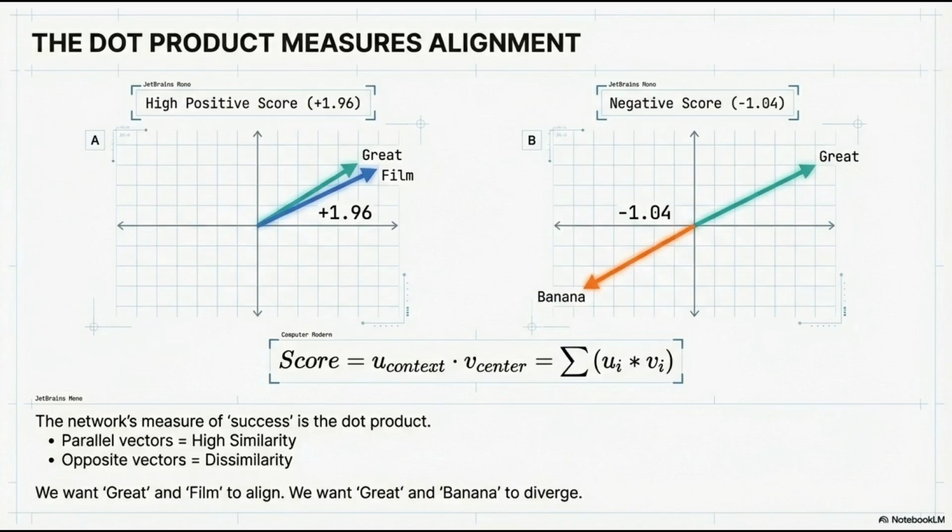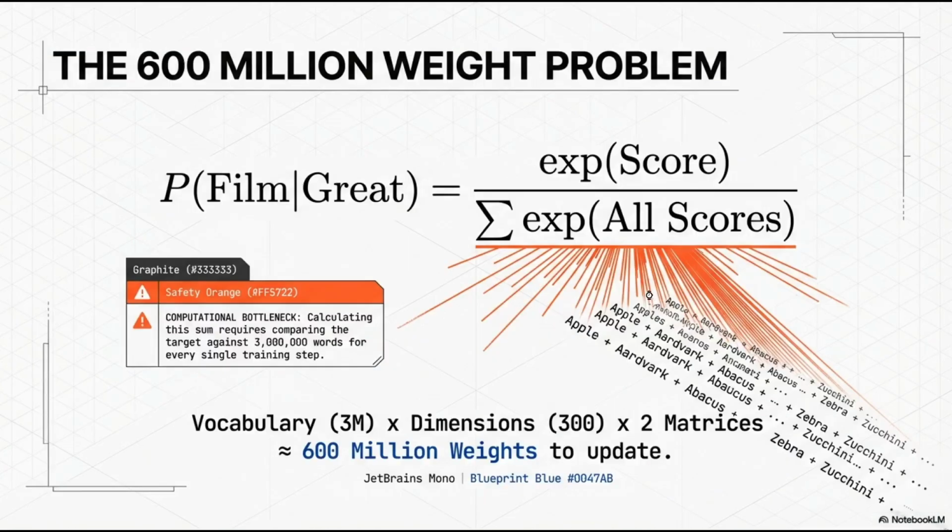If they point in opposite directions, it's negative. This single number is our logit, or the raw score. So we get a score, let's say 2.0. We need to turn that into a probability so we can calculate error.